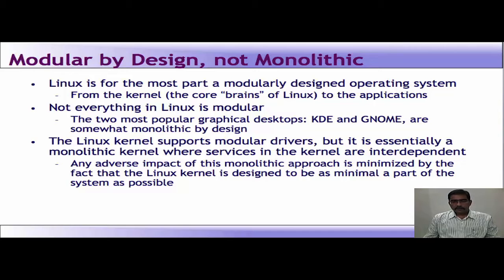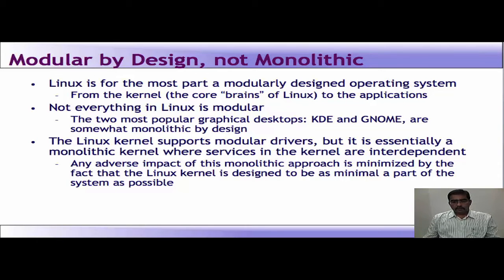The Linux kernel supports modular drivers, but it is essentially a monolithic kernel where services in the kernel are interdependent. The adverse impact of this monolithic approach is minimized by the fact that the Linux kernel is designed to be as minimal a part of the system as possible.